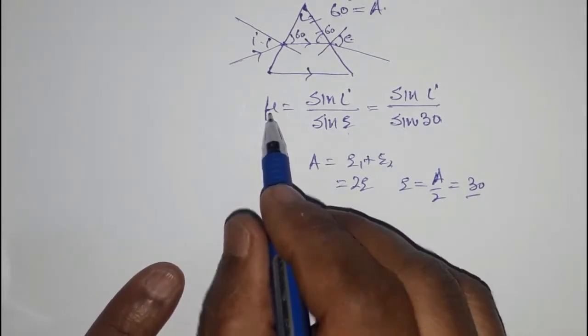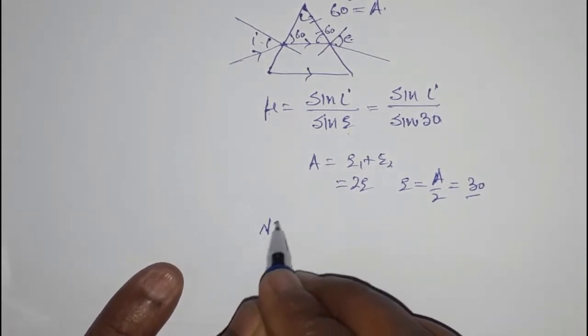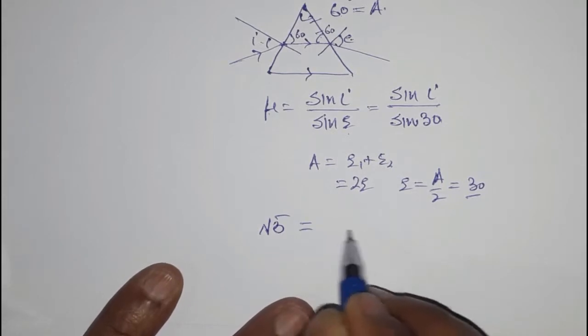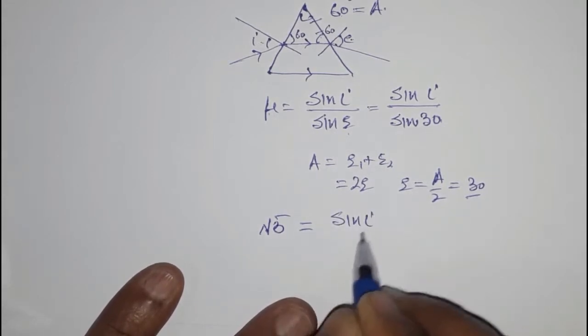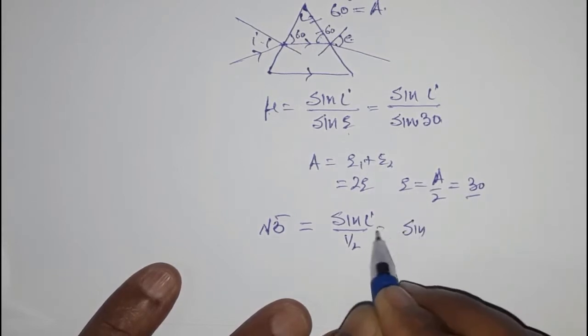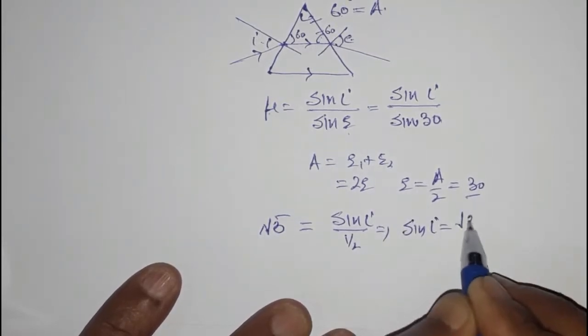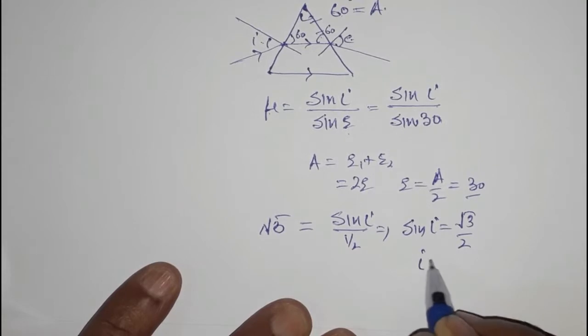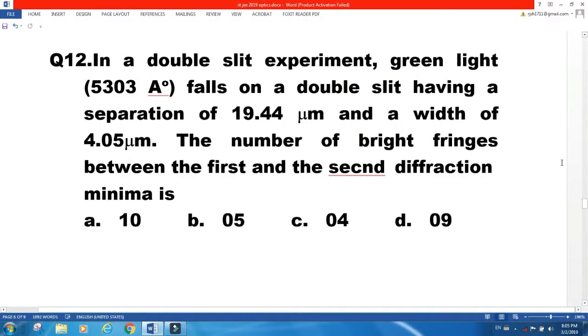And mu is given as √3. So √3 is equal to sine I by 1 by 2. This implies sine I is equal to √3 by 2, that is I is equal to 60 degree. So the incident angle is 60 degree.